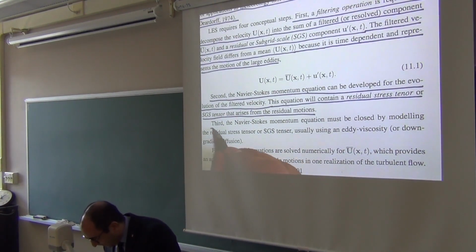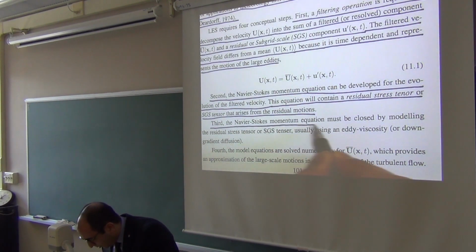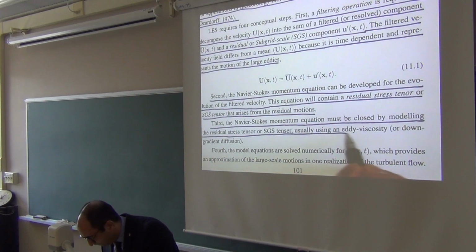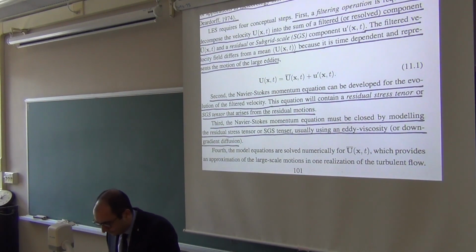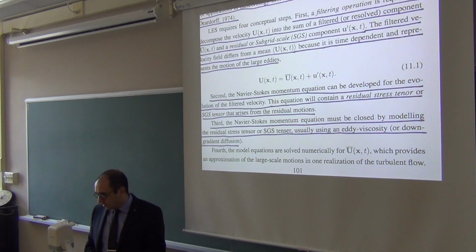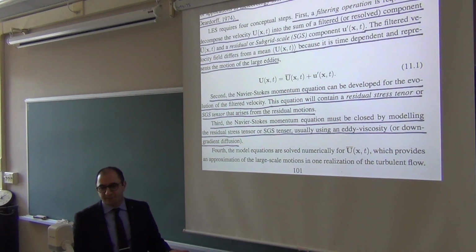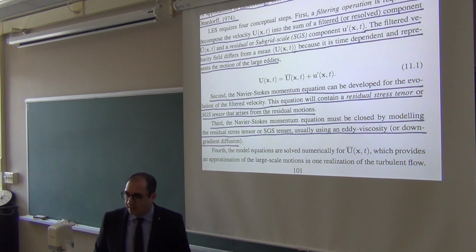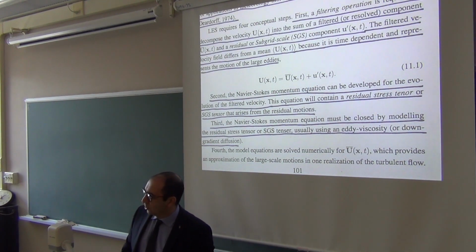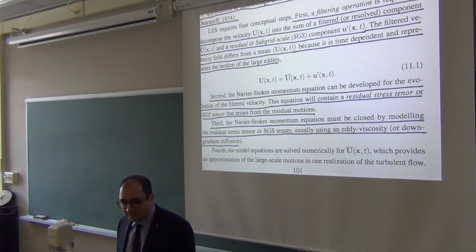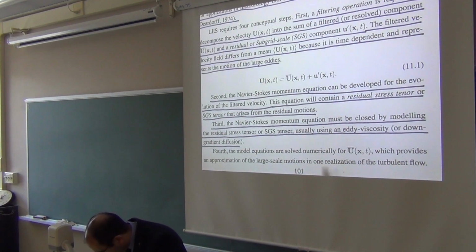The third step is that the Navier-Stokes momentum equation must be closed by modeling the residual stress, or SGS tensor. Remember, the closure problem, right? There's always one term you don't have an equation for, so you have to close it. Basically, bring a constant out of your pocket and be inventive and close that.